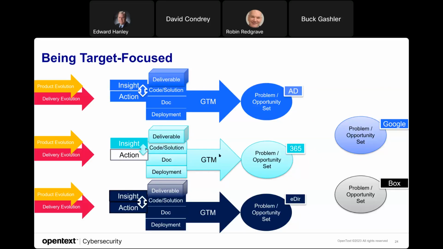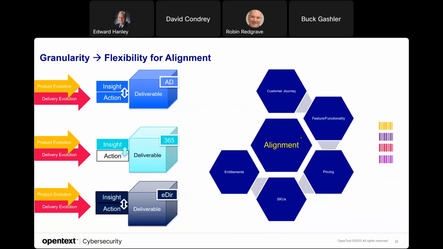So what we wanted to do is create granularity to allow the product to evolve based on the problem and opportunity sets that present themselves, and let the delivery evolve along those same granular lines. We aren't doing Google or Box yet, but we're trying to set that precedent so that we can deliver on these other platforms.